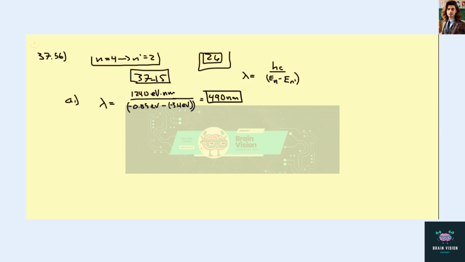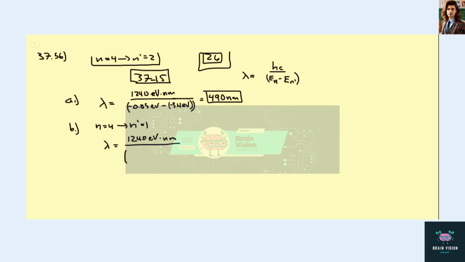Let's move on to part B. B says we want to use the third Lyman line. If we look at the Lyman series and look at the third one, that is going from n equals 4 to an n prime of 1. Similarly, we can write the wavelength, and this is 1240 eV nanometers.